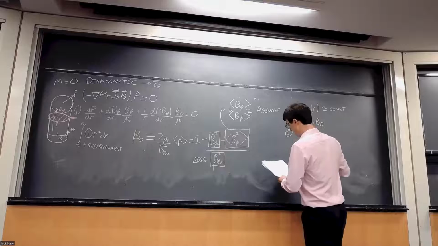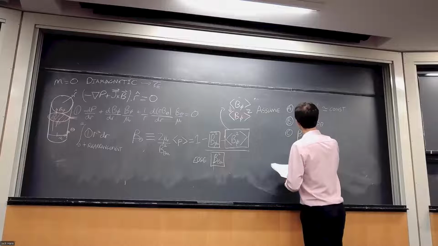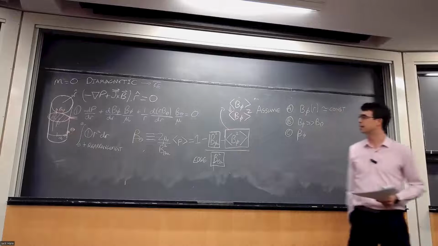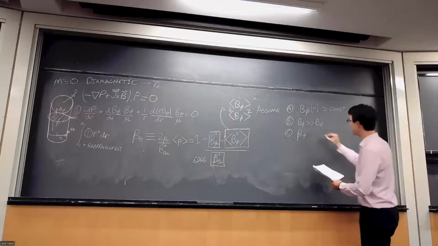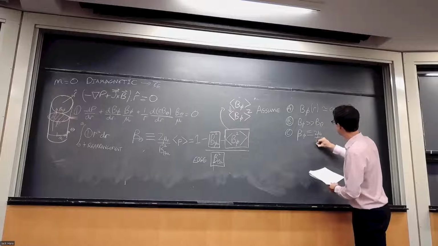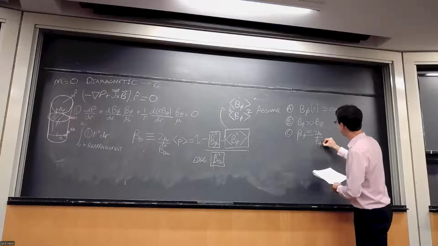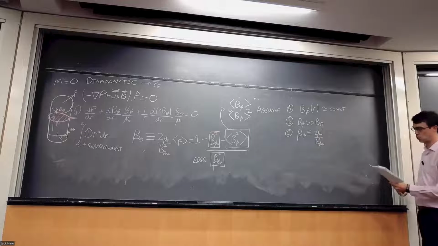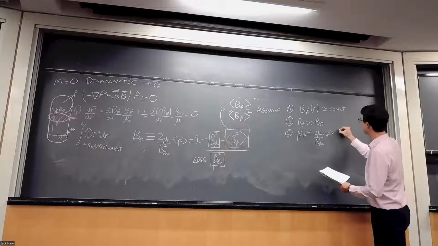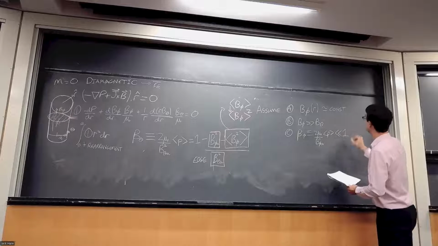And we're also going to assume that beta phi, and we haven't actually defined that yet, but if you squint over here, you can probably work out what it's going to look like. Oh no, I'll define it here. Okay, 2 mu naught over B phi at the edge, B phi A squared, times the average thermal pressure is much, much less than 1.